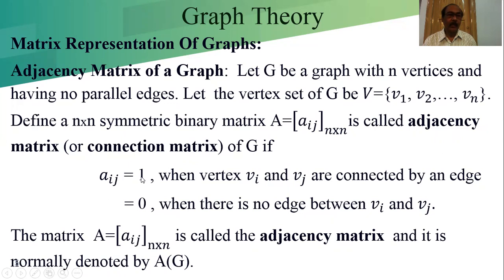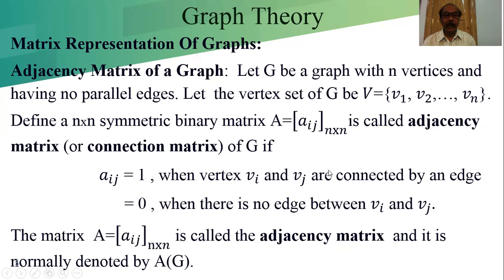Aij is equal to 1 when vertex Vi and Vj are connected by an edge. This is the undirected graph. So if Aij is equal to 1, then Aji is also equal to 1.